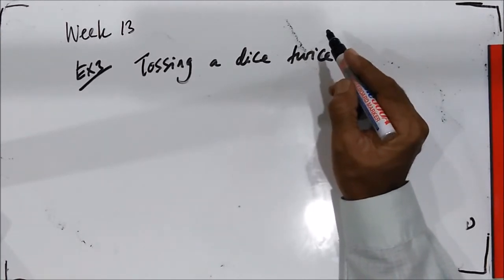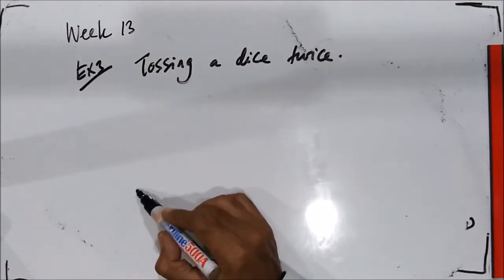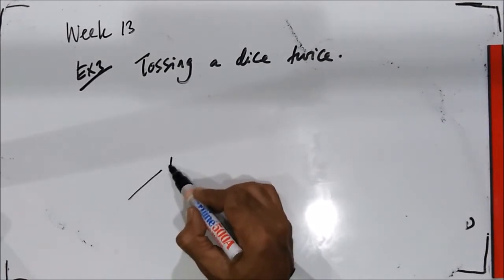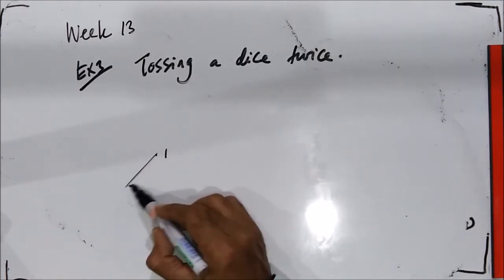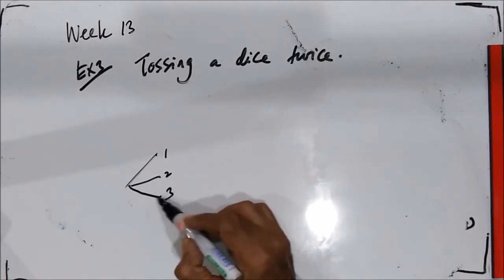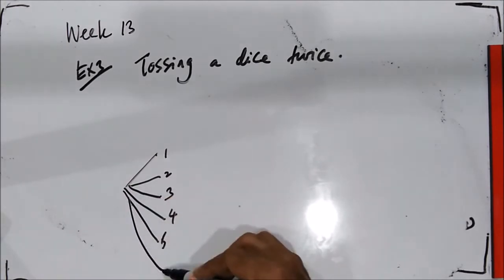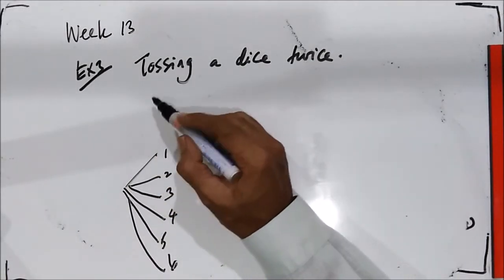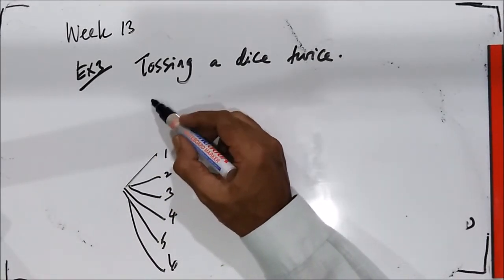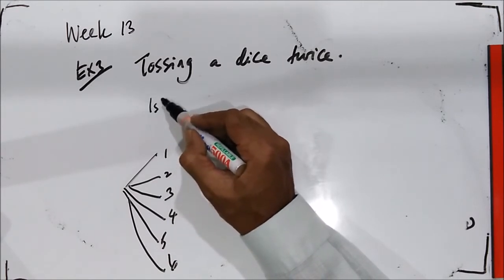So the possible outcomes for tossing a dice for the first toss: you can get 1, 2, 3, 4, 5, and 6. Here is the first possible outcome, the first toss.